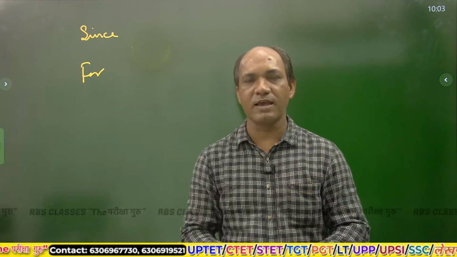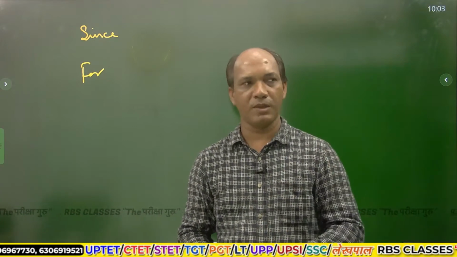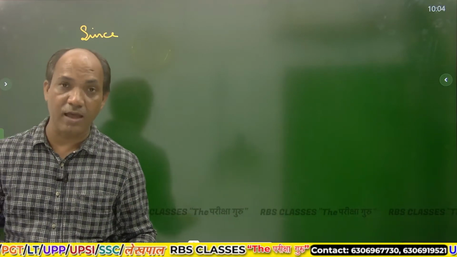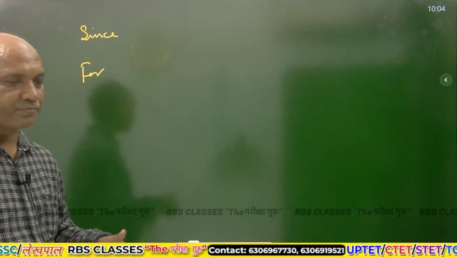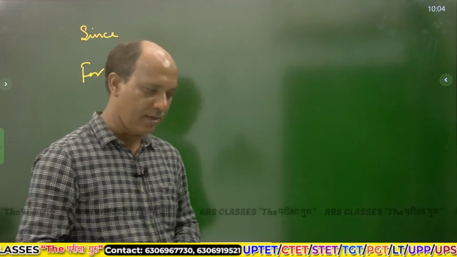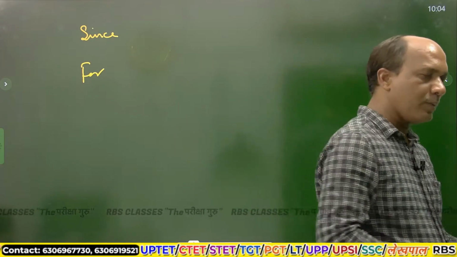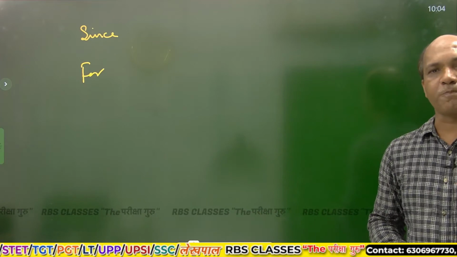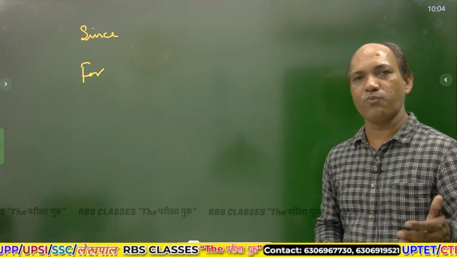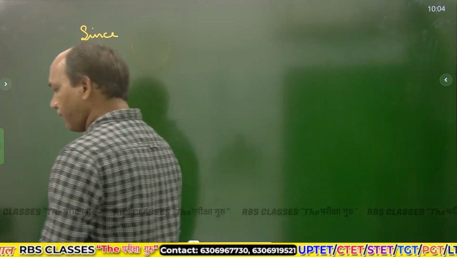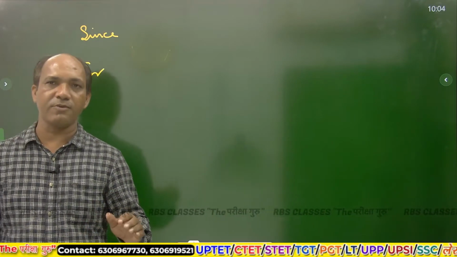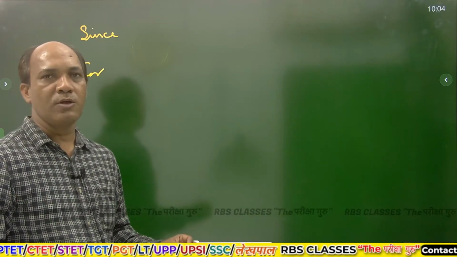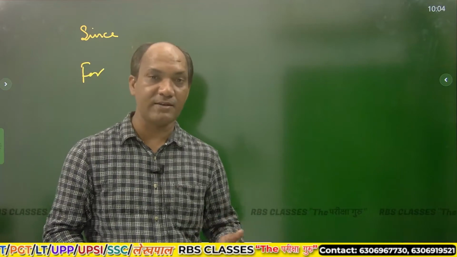Suppose there is a sentence and a continuity is being shown there. एक सेंटेंस है जिसमें कंटिन्यूटी दिखाई जा रही है. सेंटेंस है और क्या दिखाया जा रहा है? कंटिन्यूटी. उसमें लगातार कोई काम होना दिखाया जा रहा है, मतलब कंटिन्यूअस है वो, और उसमें a definite time has been given especially for the commencement of that very work that is in continuity. खास तौर पे उस काम के लिए समय की शुरुआत दी गई हो जिस काम को कंटिन्यूटी में दिखाया जाता है, तो उसे हम since के द्वारा डिनोट करेंगे, that definite time.